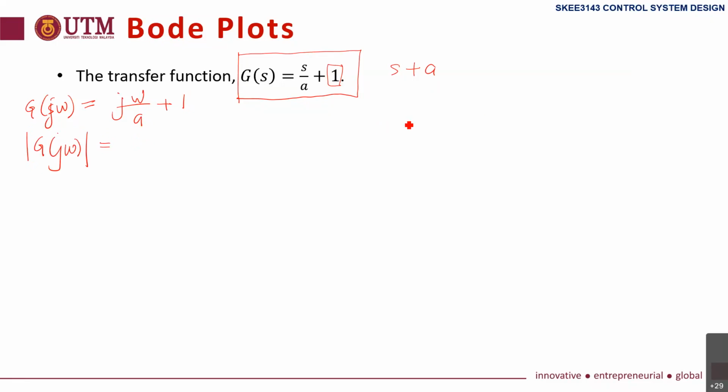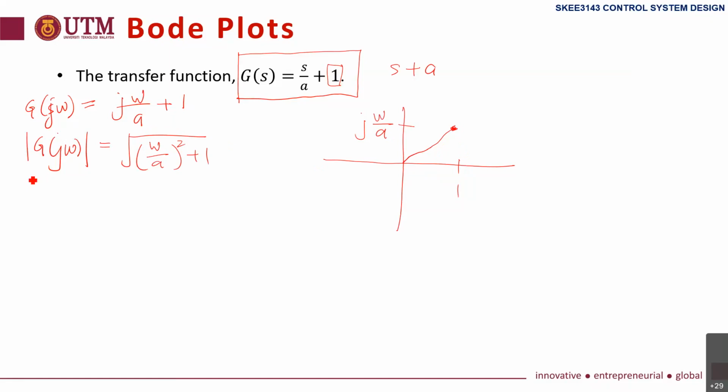So we can imagine it like this: 1 here, J omega over A, this point. The magnitude here is the square root of omega over A squared plus 1. We can use Pythagoras to obtain the length here, or the magnitude.